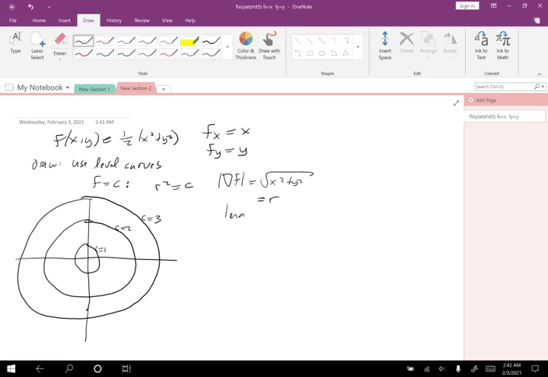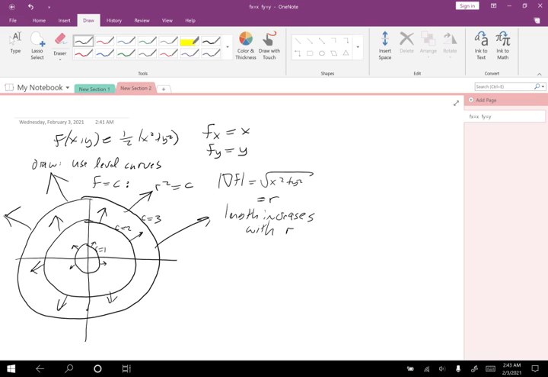So the length increases with r. So I could draw a very small arrow perpendicular to that circle. Then I'll draw a slightly bigger arrow on the second and bigger radius. And now I might draw a really big arrow, not to scale, of course, but just to indicate what is going on. Okay, so that is a qualitatively good picture of what that vector field looks like.